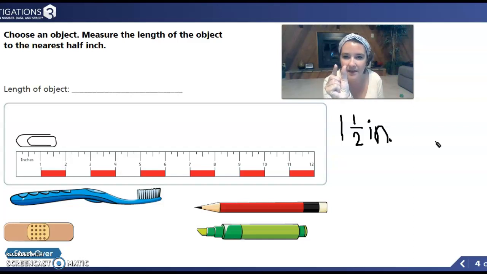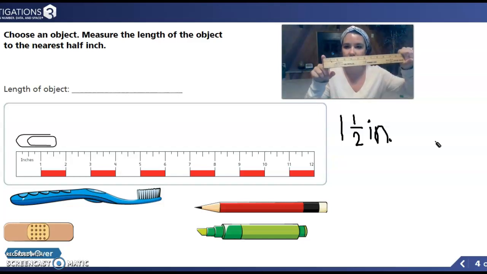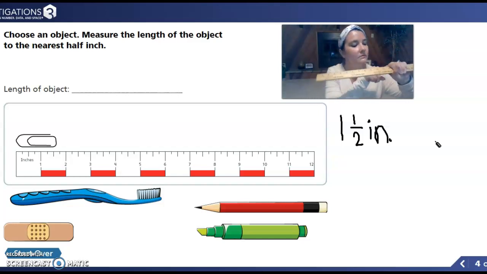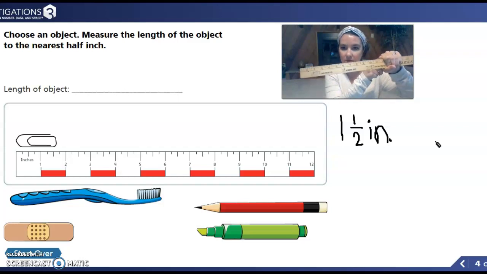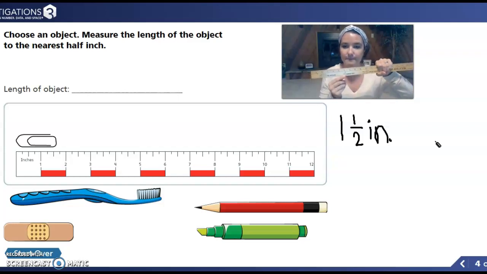Just about that long, right? How long is a foot? 12 inches, so just about that long, right? 12 inches from here to here. Okay.